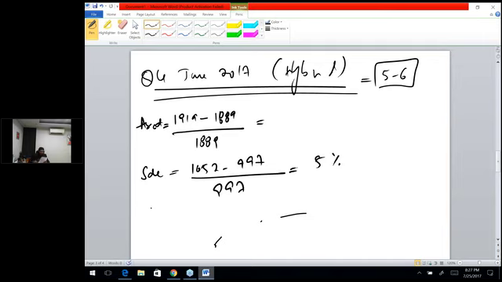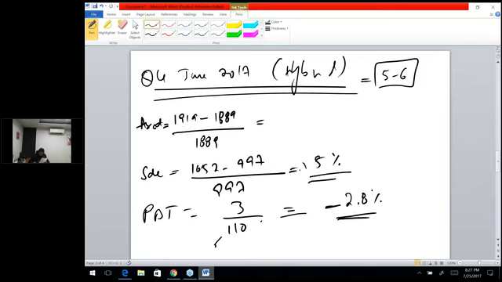Then we have the profit before tax, which has gone down by 3 million on 110 million, giving you a negative of something like 2.8%. So a 5% increase in sales, a 2.8% decline in profit, and around a 2% increase in total assets.